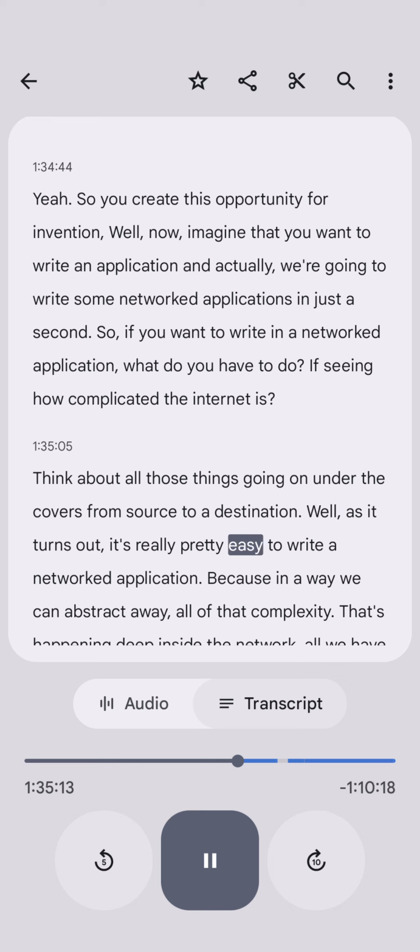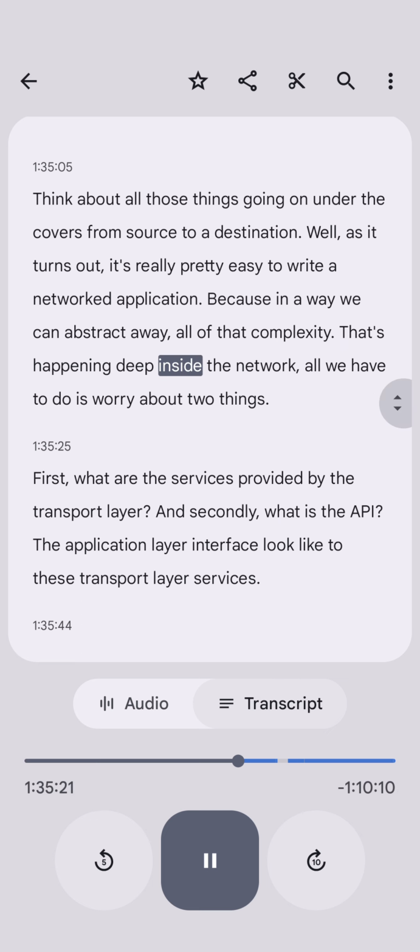Well, as it turns out, it's really pretty easy to write a networked application because we can abstract away all of that complexity that's happening deep inside the network. All we have to do is worry about two things. First, what are the services provided by the transport layer? And secondly, what does the API, the application layer interface, look like to these transport layer services?